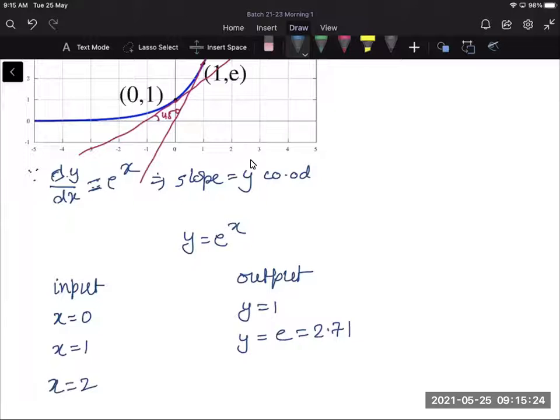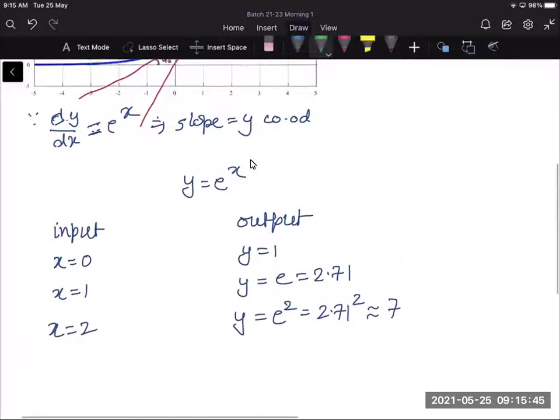If x is equal to 2, then y is equal to e squared, which would be around 2.71 squared, which is around 7 point something. I'm not being really accurate.